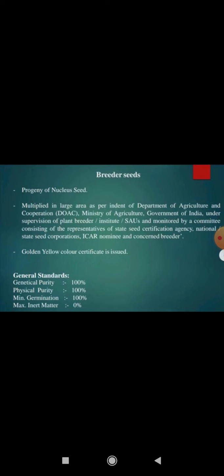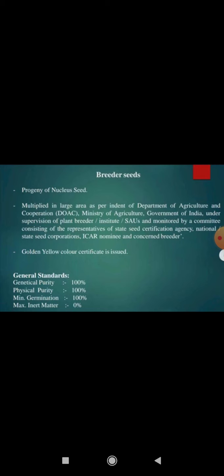The color of breeder seed is golden, and its genetic purity is 100%, physical purity is also 100%, because, as with the nucleus seed, all the same rules and regulations are followed.